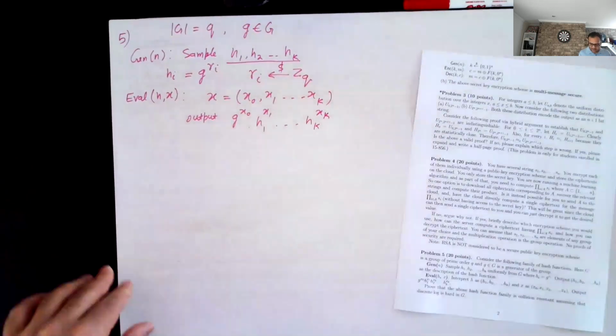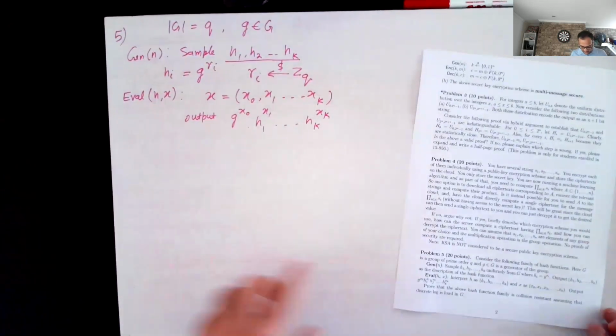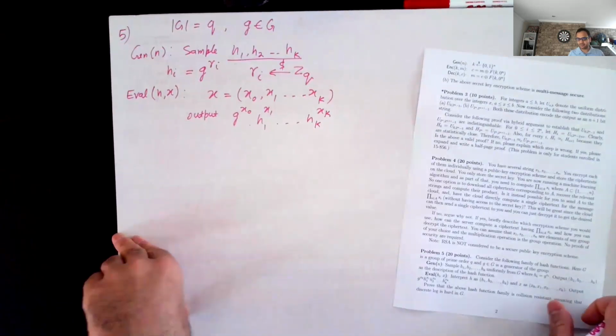And you have to prove that the above hash function family is collision resistant, assuming the discrete log problem.